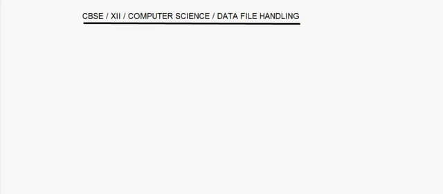Okay, now I'm going to take a program in which I have, let's say, the details of the employees, right? And we have to read the details from the file, right?